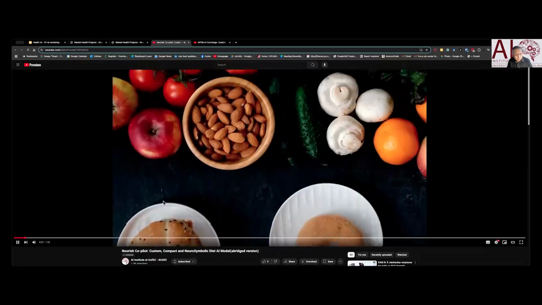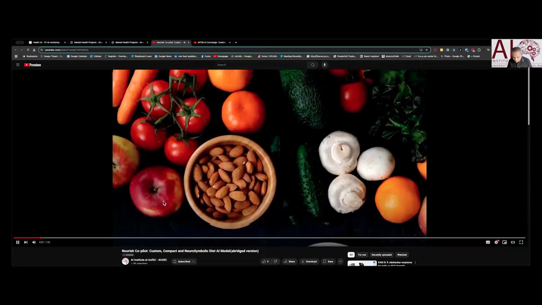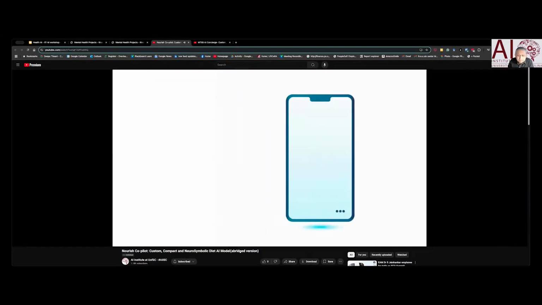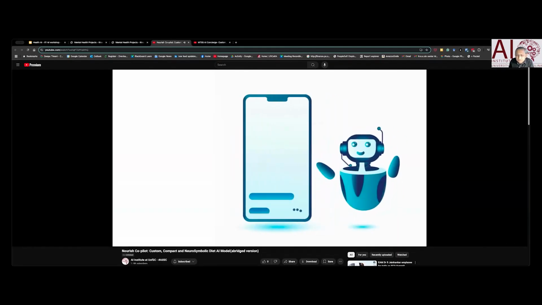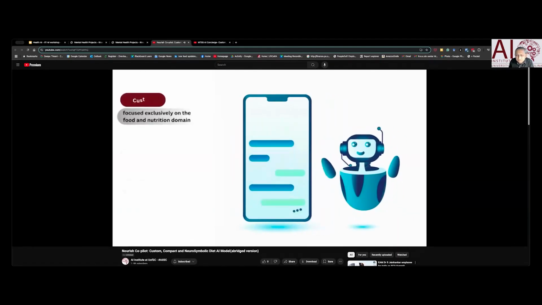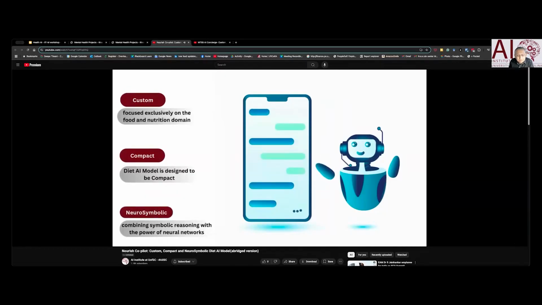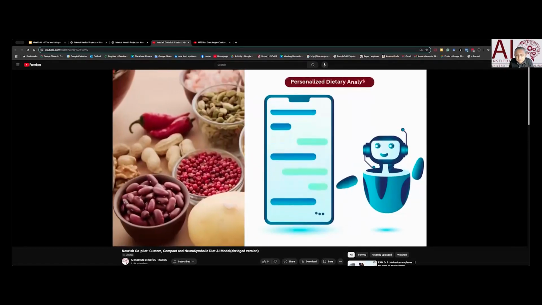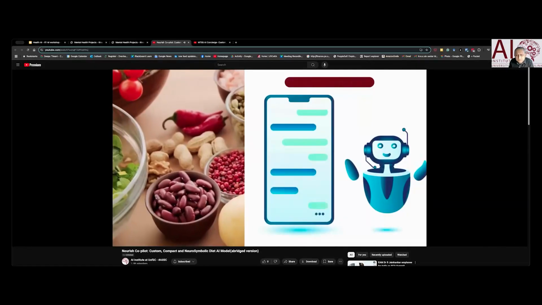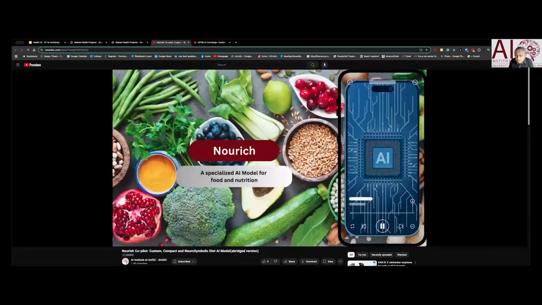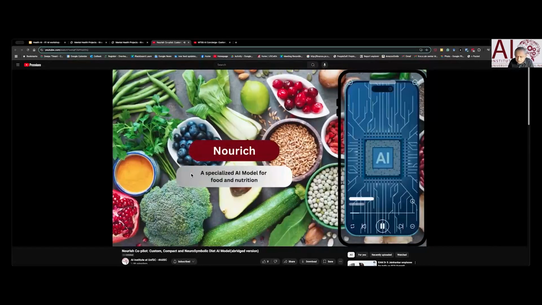Every meal impacts your health, so why not make every choice count? Introducing Nourich, your personalized AI co-pilot for smarter eating. Powered by a custom, compact, neurosymbolic model, it offers real-time personalized dietary analysis. Nourich is a specialized AI model for food and nutrition.